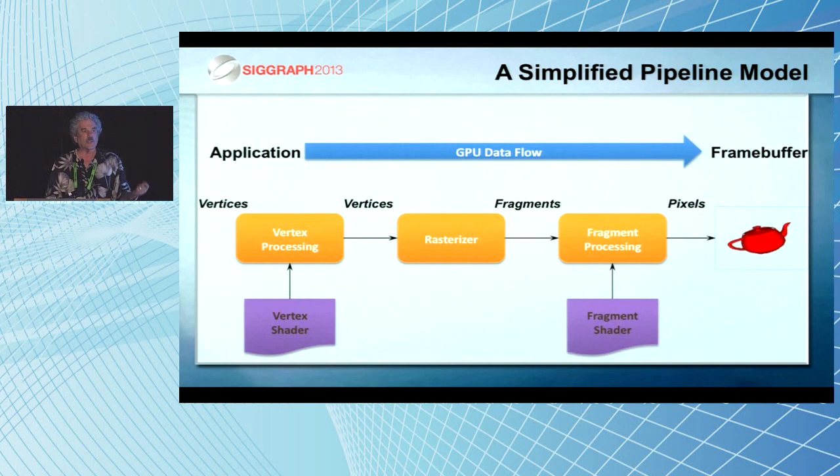Now, that information you can think of as really being tied to vertices. And so the first stage of what the vertex shader has to do is process these vertices that are coming along. Now, what does that involve doing? Well, obviously, it's going to depend on what you want to have done, but the fundamental things it has to do is some kinds of coordinate conversions to get it into the kind of coordinate system that OpenGL wants to use internally, and then it has to put together the vertices into objects.